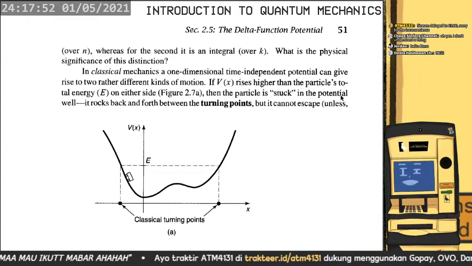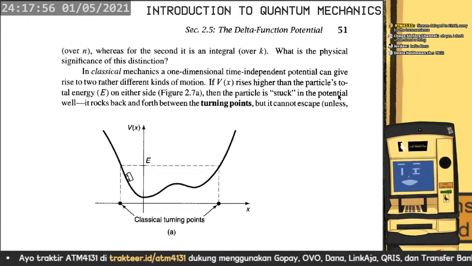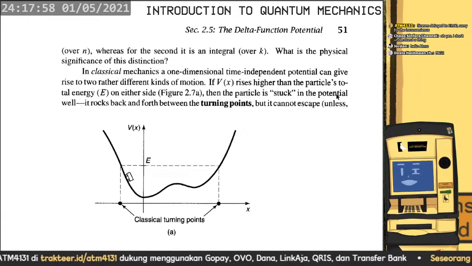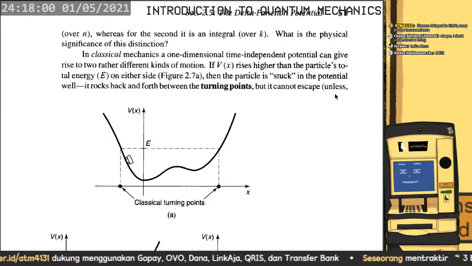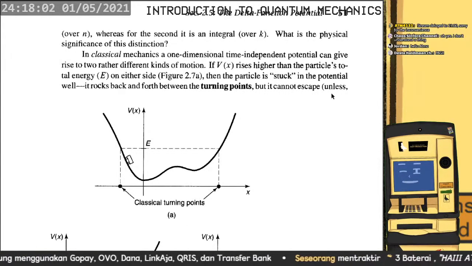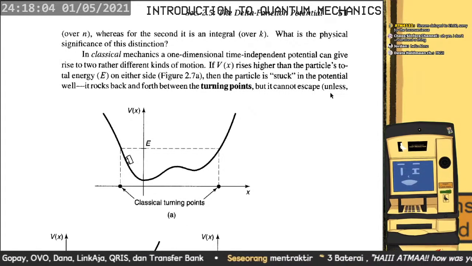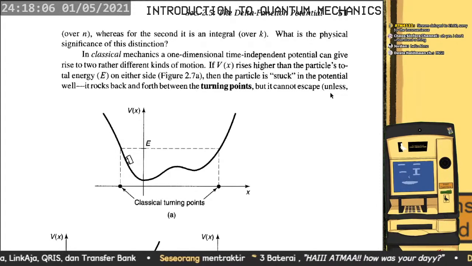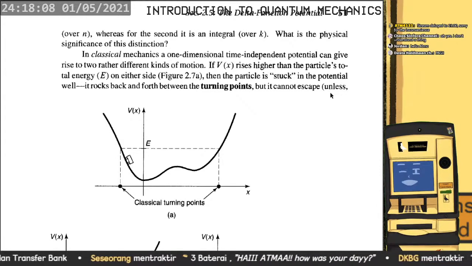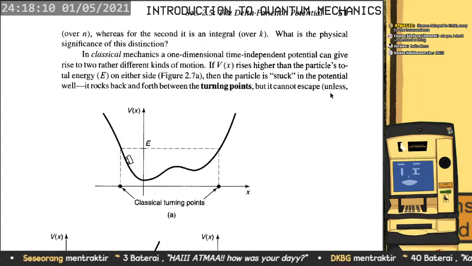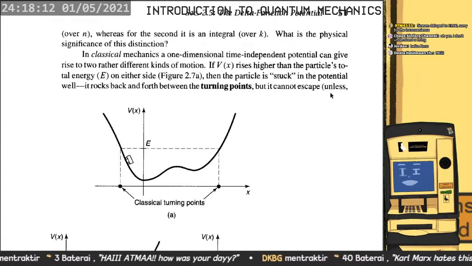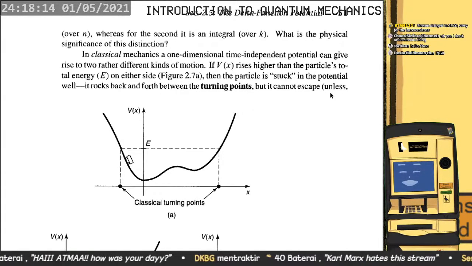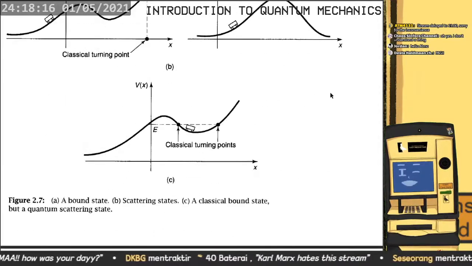In classical mechanics, a one-dimensional time-independent potential can give rise to two different kinds of motion. If V(x) rises higher than the particle's total energy E on either side, then the particle is stuck in the potential. It rocks back and forth between the turning points, but it cannot escape.